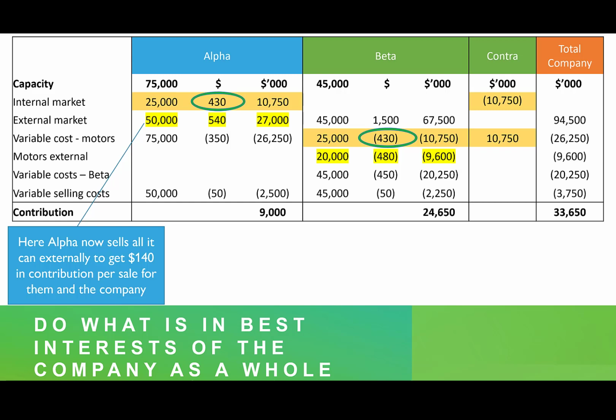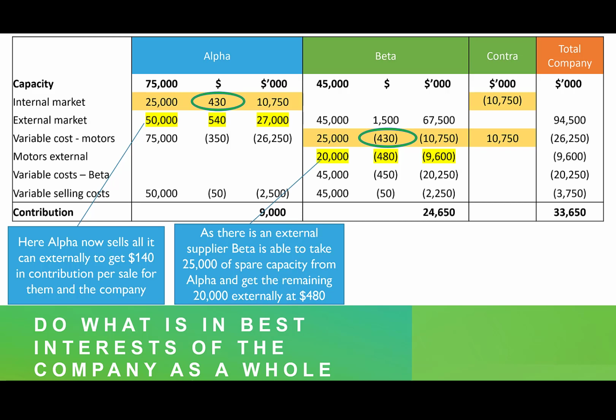As there is an external supplier, Beta is able to take 25,000 of spare capacity from Alpha and get the remaining 20,000 externally at 480. So what's happening here is we're selling an extra 20,000 externally through Alpha, making 140 contribution, and sourcing 20,000 externally for Beta at a higher cost than our marginal cost.